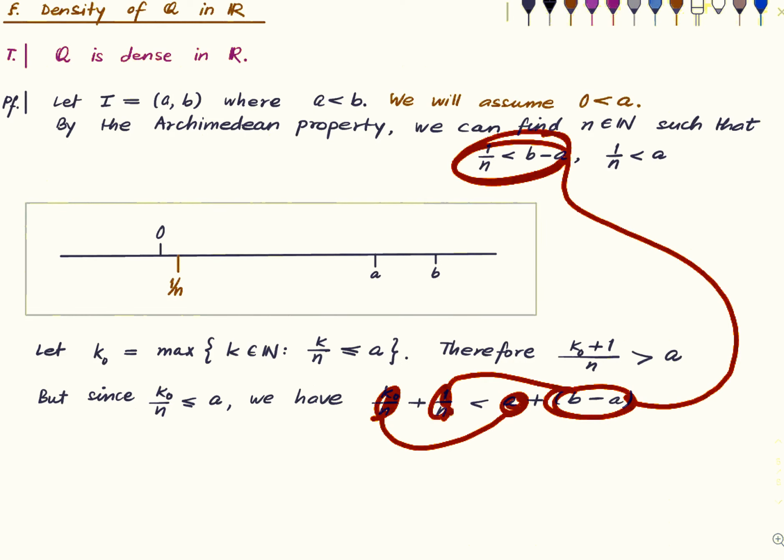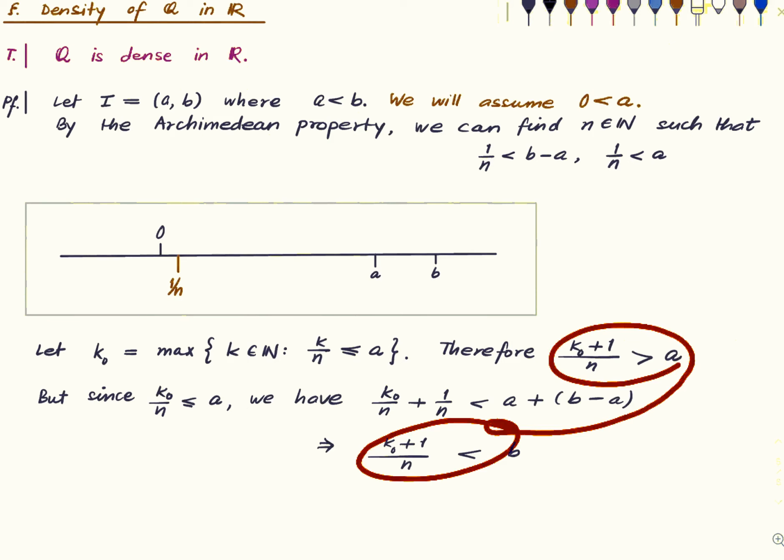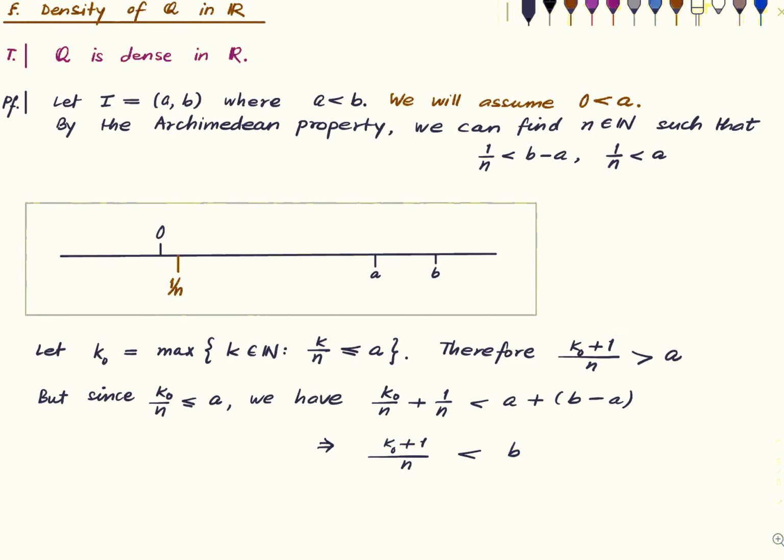Right? 1 by n is strictly less than b minus a, and this is less than or equal to a. So we have a strict inequality here. But what is the left-hand side of this? The left-hand side is (k naught plus 1) by n, and the right-hand side is b. Okay. Combining this and that, we get a less than (k naught plus 1) by n less than b, and we have located a rational number within the interval a comma b.